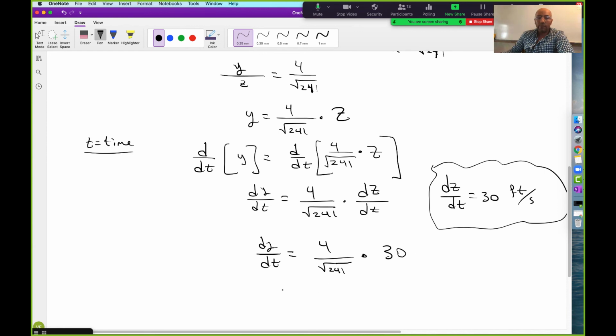And we keep the same units, so my result is going to be that dy dt, the speed of the height, is 120 divided by the square root of 241. And this is still in feet per second. Any questions?